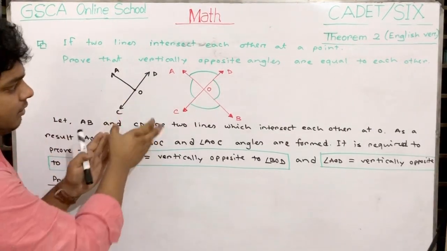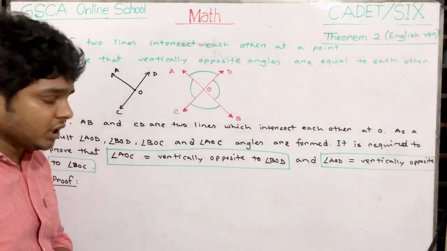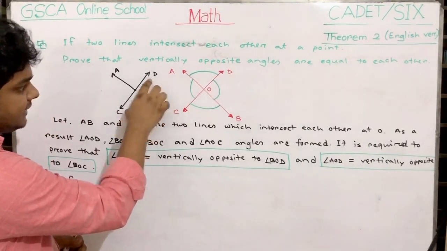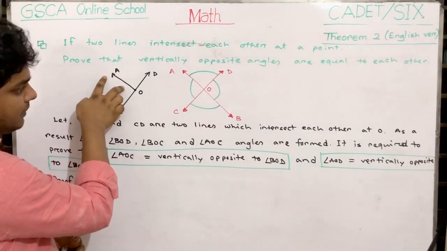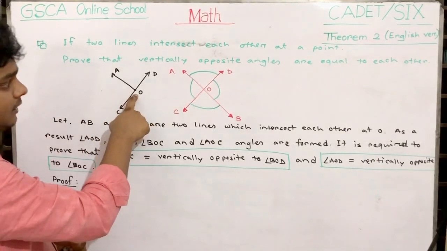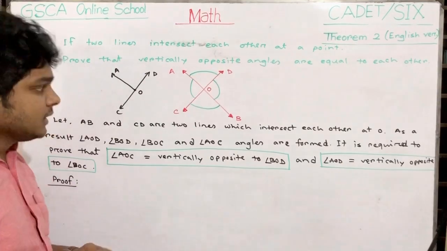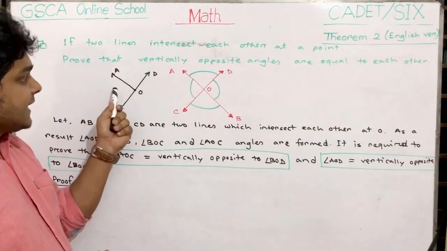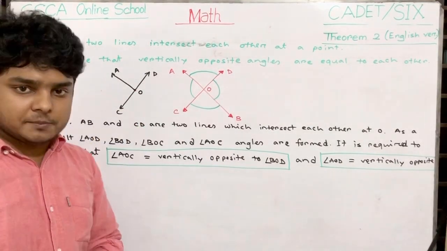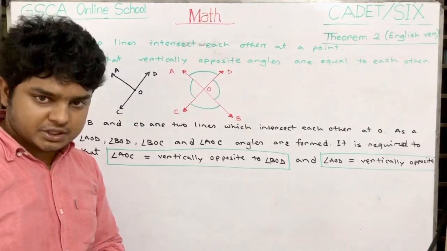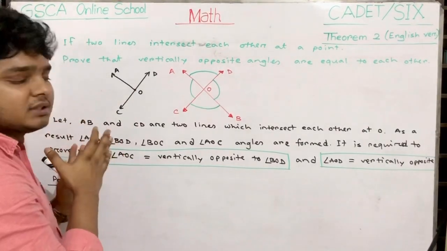So compare this figure with our Theorem 1. This is a line, this is a ray. This ray meets the line at O. As a result, 2 adjacent angles are formed. So what will the sum of these 2 angles be? Of course 180 degrees, right? So we'll write this here.